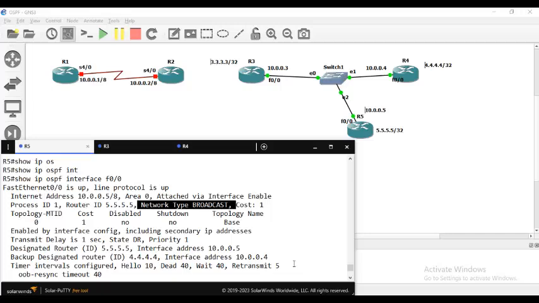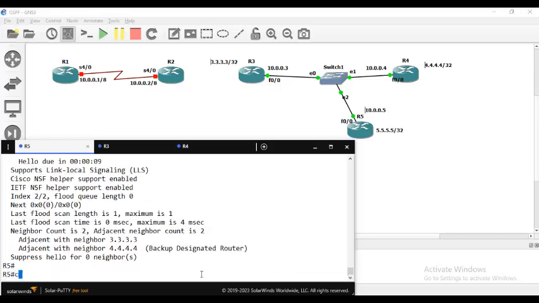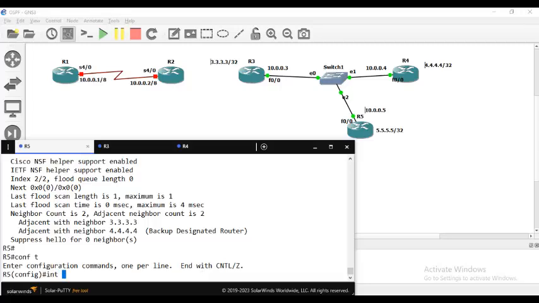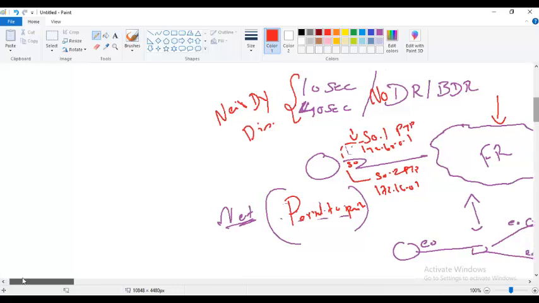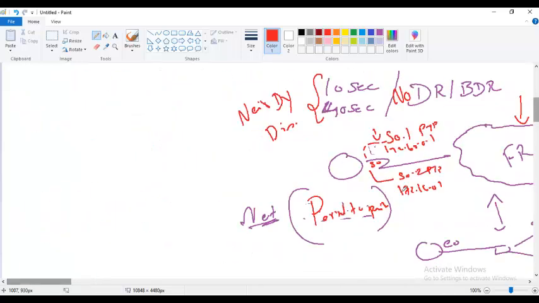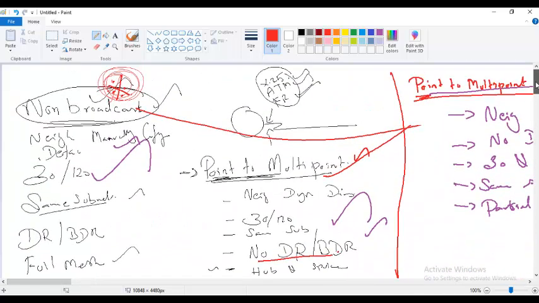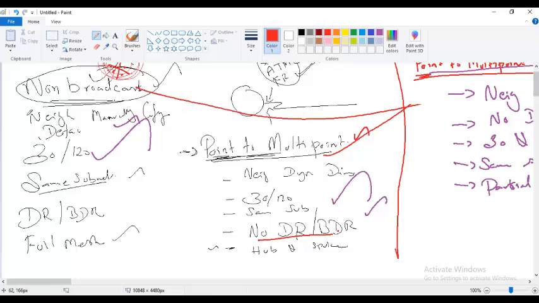But I want to experience these points that I learned. I want a neighbor to be manually configured, meaning no dynamic discovery of neighbors. I want this timer, and so on. One more thing is, this is the default mode only if you have a frame relay environment. In our case, the default is broadcast.